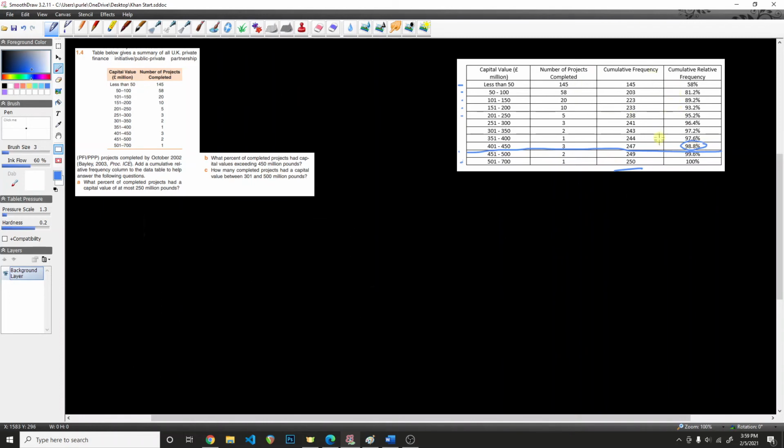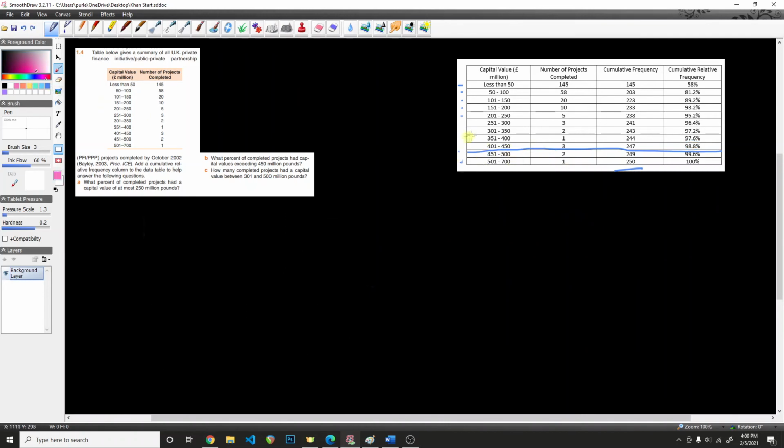Because all of this data adds up to 98.8%. So we're excluding all that data when we're only looking at these categories right here. So if we exclude that from the total 100%, we subtract 98.8 from 100, and that will give us 1.2%, which means that this represents 1.2% of all the data.